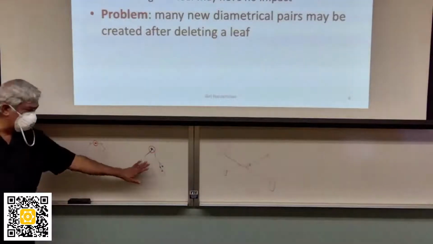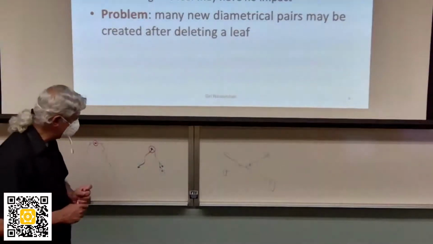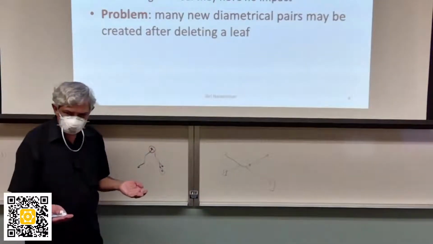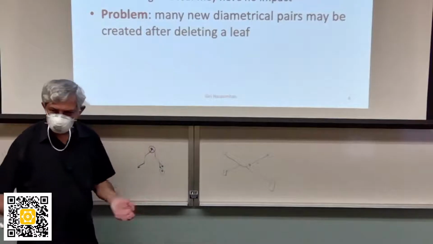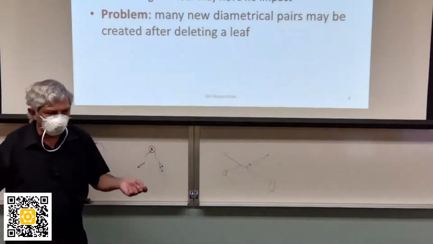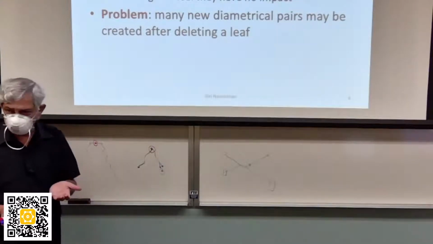All right, so this is what my tree looks like at the start. And now my question is, how do I start to delete leaves in order to shrink the diameter? And in order to shrink the diameter, the useful thing to know is that I have to start taking off leaves, but I can't just randomly pick whatever leaf I want. I have to be a little smart about it if I want the diameter to actually go down.